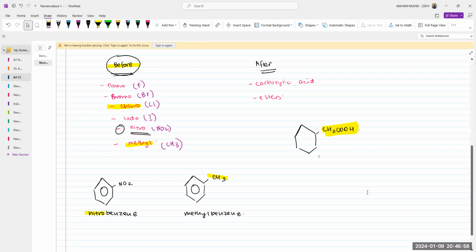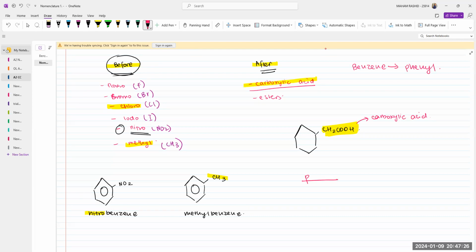Okay. So my substituent here is a carboxylic acid. And a carboxylic acid, as written in the notes, comes after the benzene ring, right? And whenever it comes after the benzene ring, the name changes to phenyl, okay? So this comes after, so that means that phenyl comes before and the acid comes later, right?